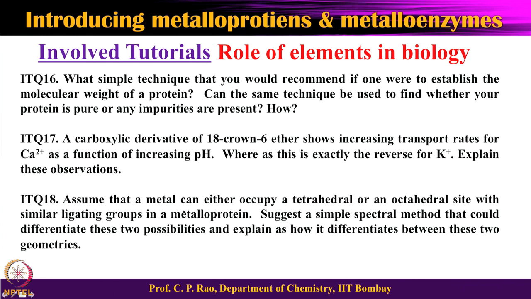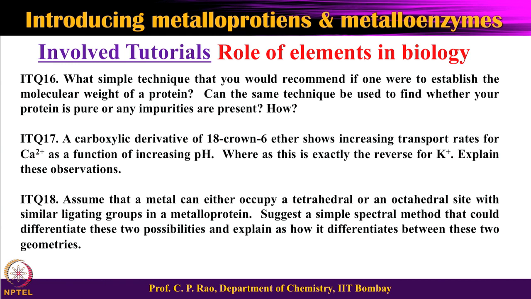Let us take the next question. Assume that a metal can either occupy a tetrahedral or an octahedral site with similar ligating groups in a metalloprotein. Suggest a simple spectral method that could differentiate these two possibilities and explain how it would differentiate between these two geometries. I have already explained absorption spectroscopy, tetrahedral versus octahedral.